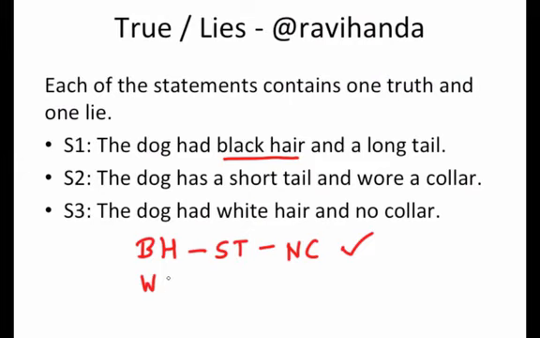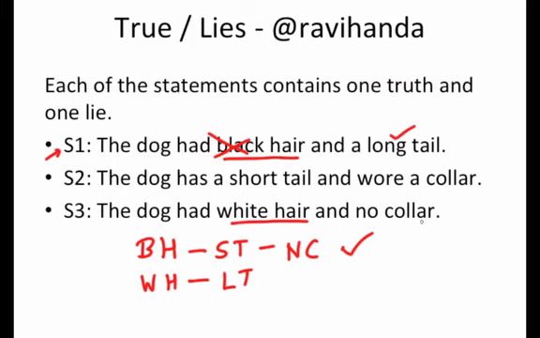Start with white hair this time. So if he has white hair, then he can have a long tail because the other statement has to be true in S1. I assumed white hair, so black hair got eliminated. The other part has to be true. So now he has a long tail. Now, let's concentrate on white hair.